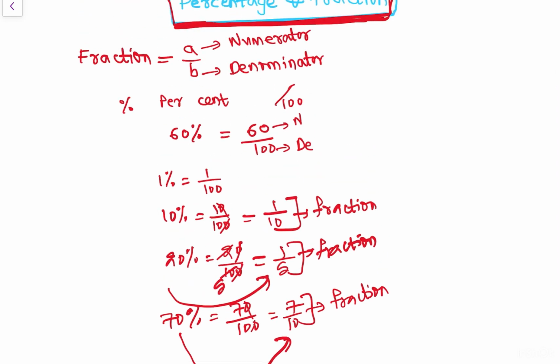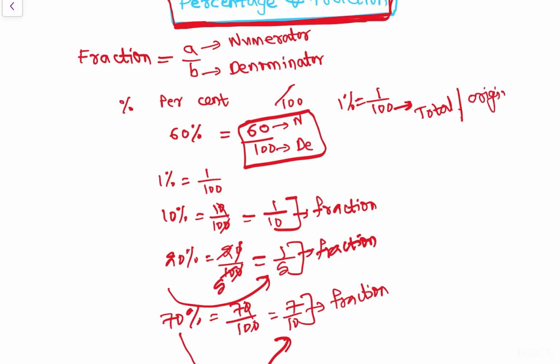So if we see, say 1%, that is 1 by 100, right? Here 100 is the total or original thing, or like the cost price. Cost price is the original cost.